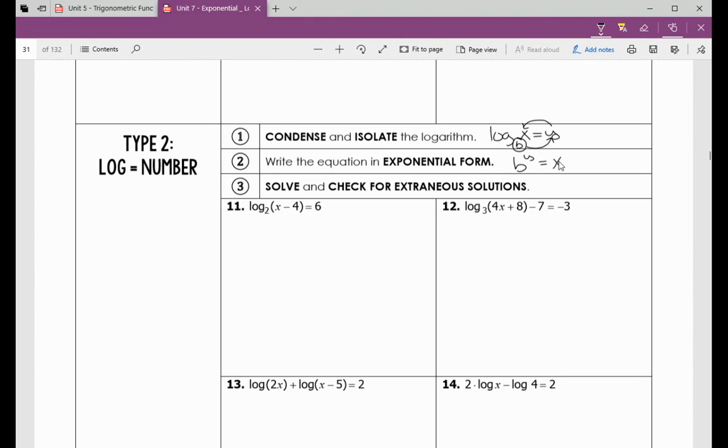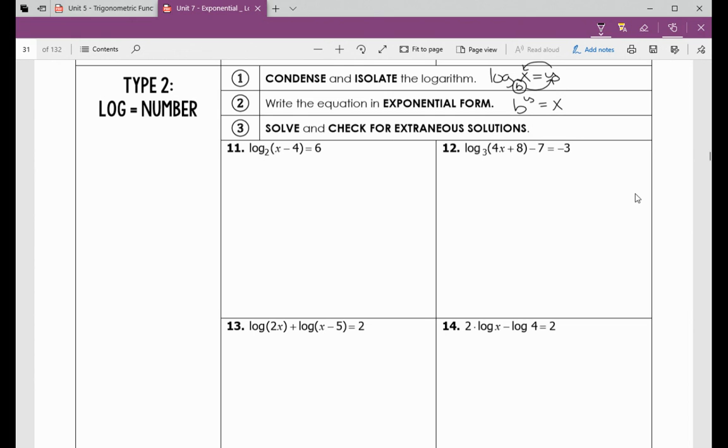And then you're going to solve this problem, and I'll show you how. The good thing about this is most of these problems work out the same way every single time once you set it up correctly. So what we want is one logarithm equal to a number. We're going to write it this way, and then we're going to solve that problem.